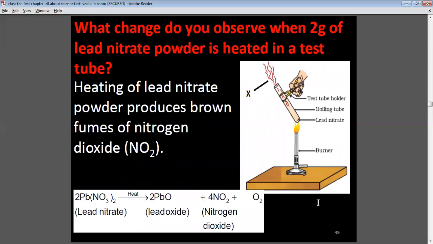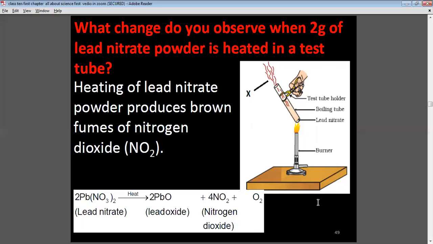What changes do you observe when 2 grams of lead nitrate powder is heated in a test tube? You take the dry lead nitrate powder in a test tube and heat it. There is a formation of lead oxide, and nitric oxide is formed after burning.